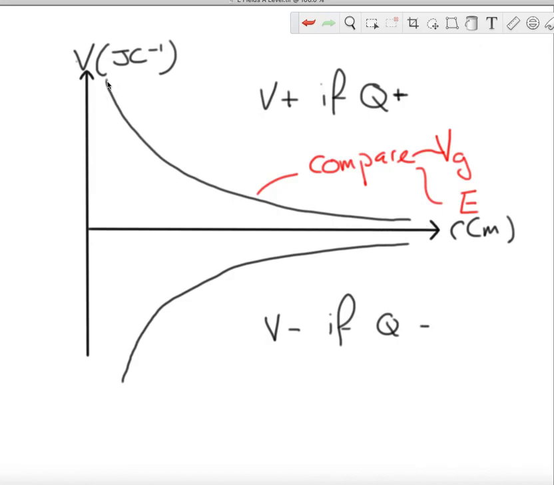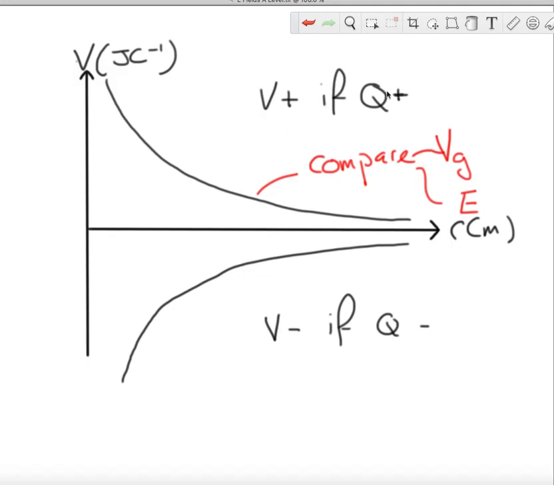So you have this 1/r graph. Now, if you compare this graph to gravitational potential, you'll remember gravitational potential is always down here. It's always negative. So here you have a graphical demonstration of one of the differences between electric and gravitational fields.